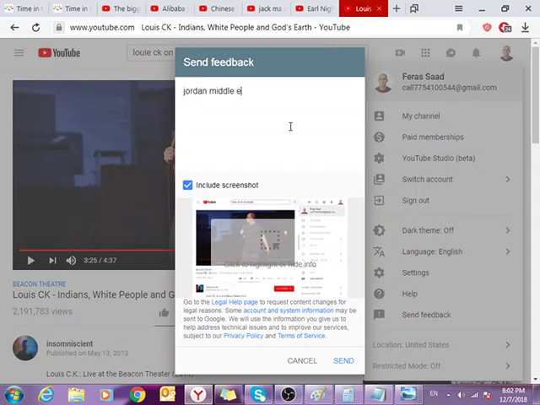Jordan, Middle East, using metadata sound to auto suggest. ISB cluster for selecting secret content, are using sound to auto suggestion.